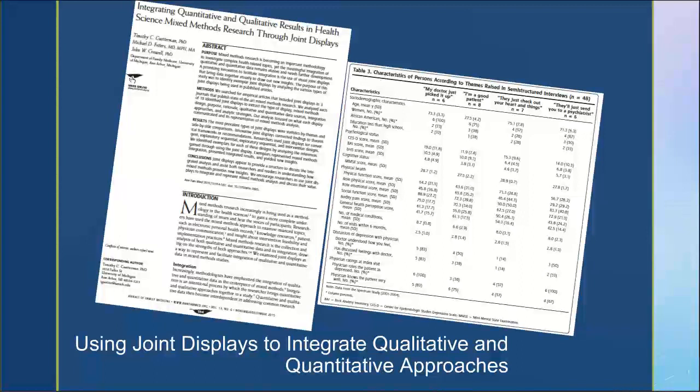So I'm going to point you to a reference that I'm loosely following as I'm talking here today. It's a paper published in the Annals of Family Medicine on integrating quantitative and qualitative results through joint displays. Now, for those of you from different disciplinary backgrounds, don't be daunted by this article.